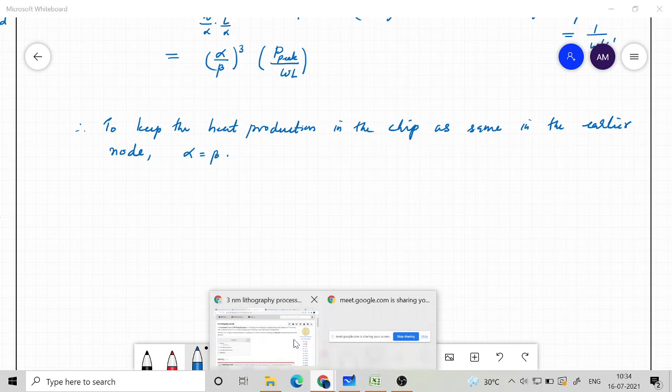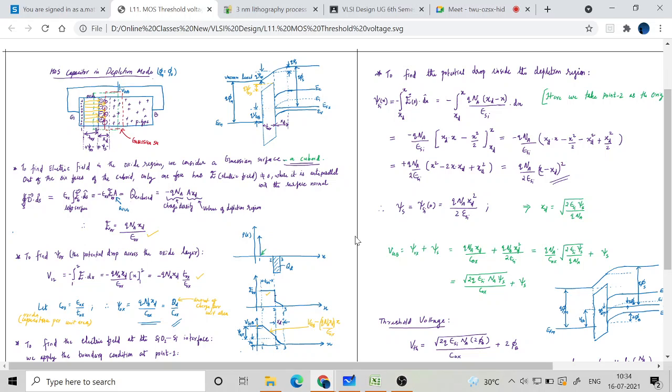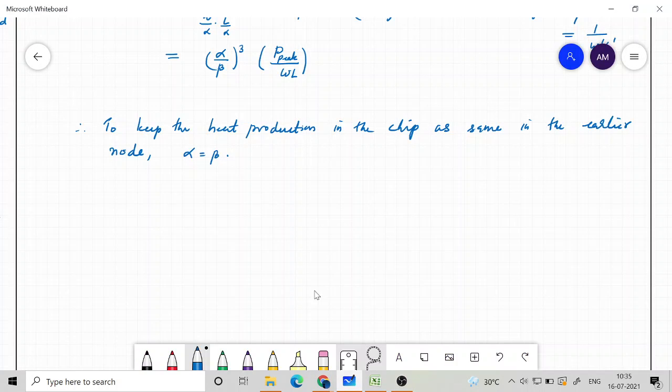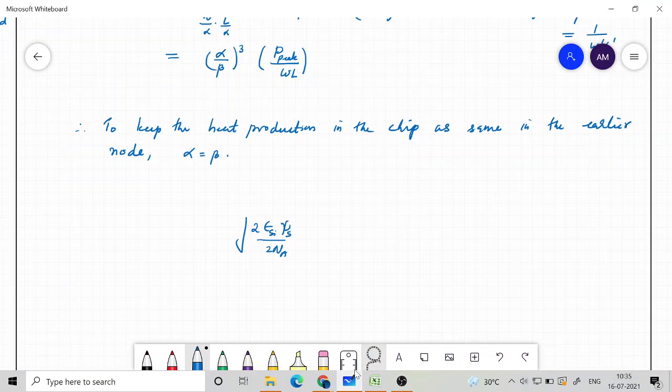Now if you go back to an earlier formula from our earlier class, we calculated the depletion region width as root of 2 epsilon psi s by QNA. So this was the depletion region width that we calculated.